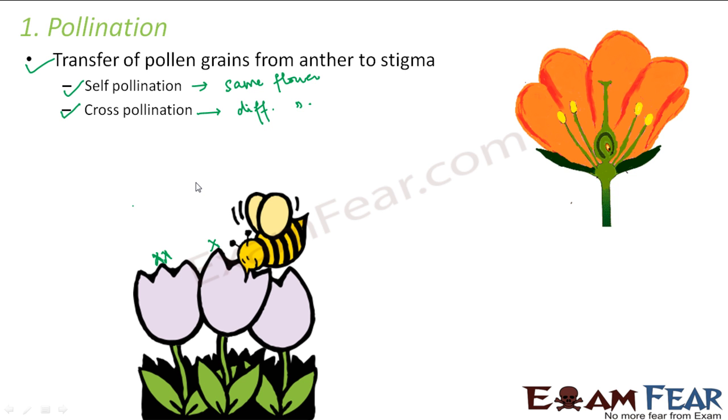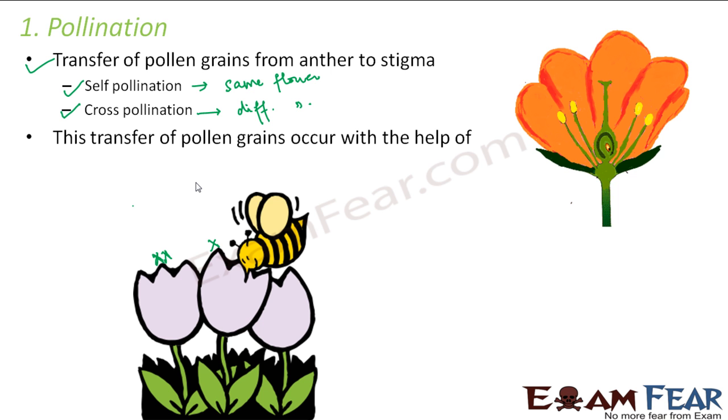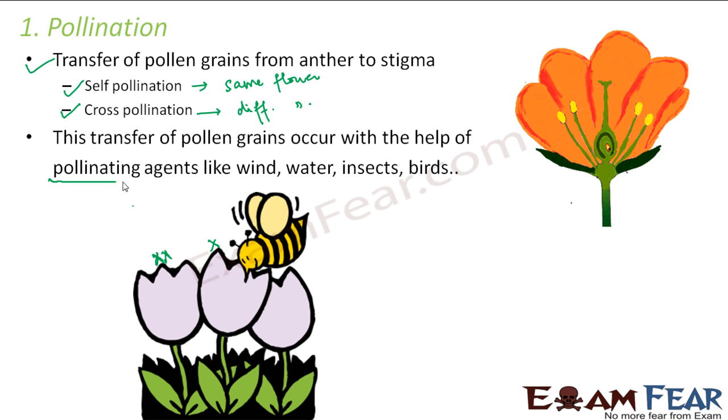Now the question is, how will this transfer take place? How will the pollen grains be carried from anther to stigma? Who will carry the pollen grains? This transfer takes place with the help of pollinating agents like wind, water, insects and birds. So now you understand why insects are so important for flowers.